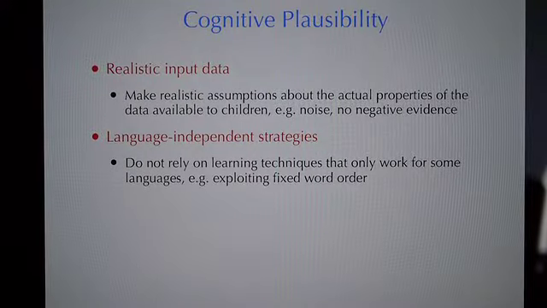So these have to be taken into account. You cannot really build a model that only works for a subset of languages and then claim that this is how humans work.